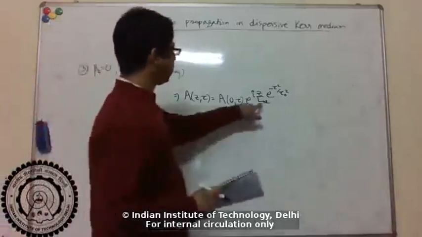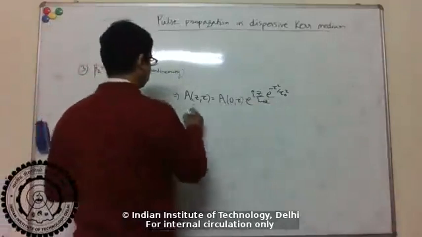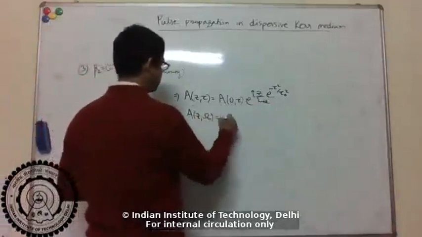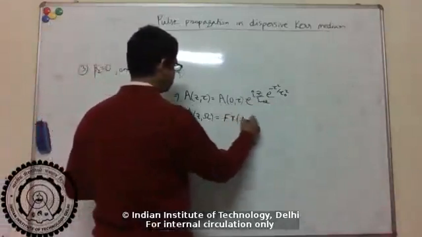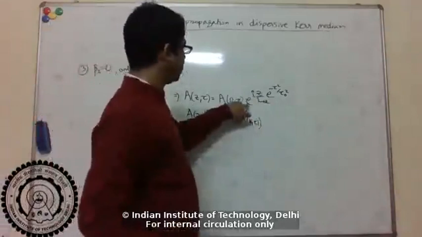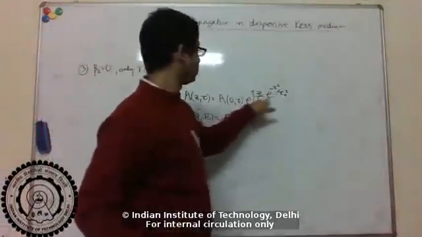But actually, you can see that this is a very complicated function, right? So what we need to do is take the Fourier transform to see the spectrum. But here you can see there's e to the i some phase, but that phase itself is Gaussian.